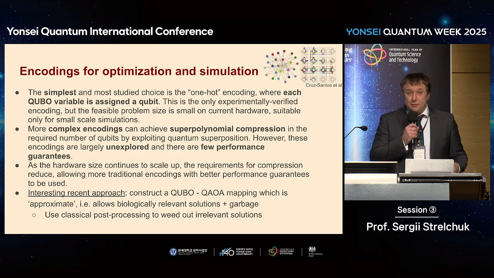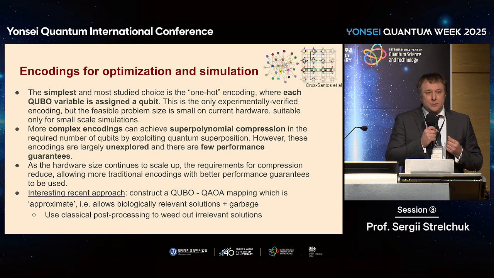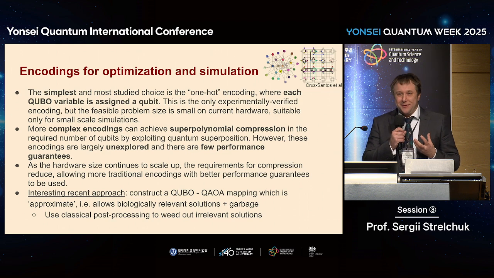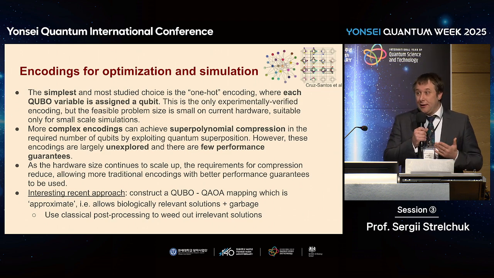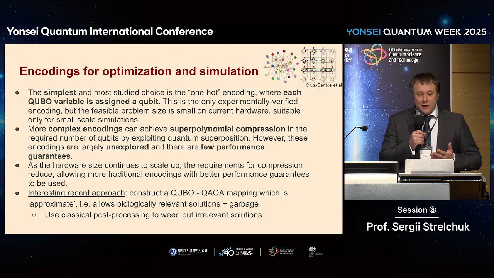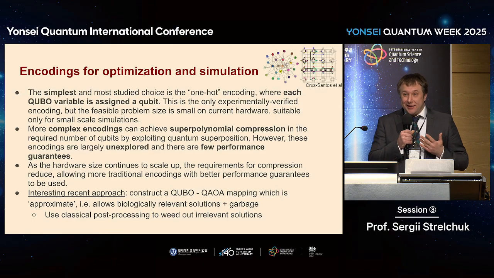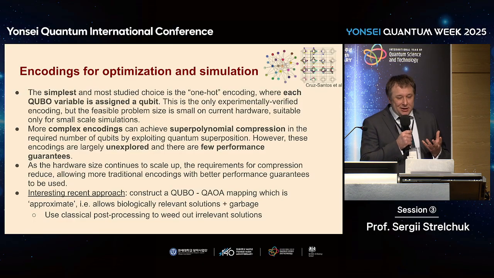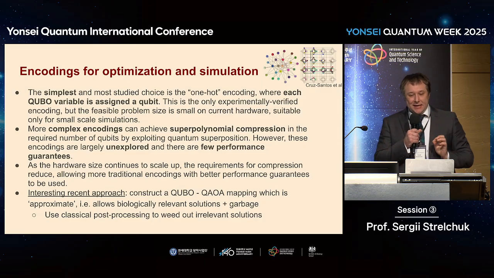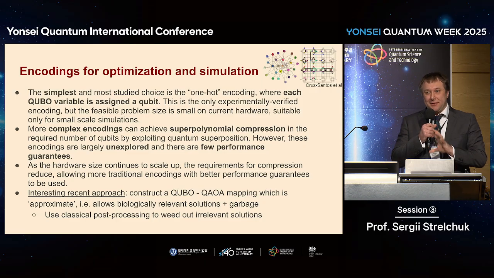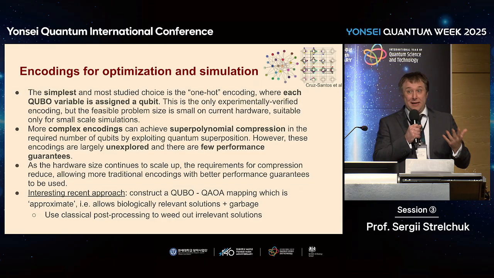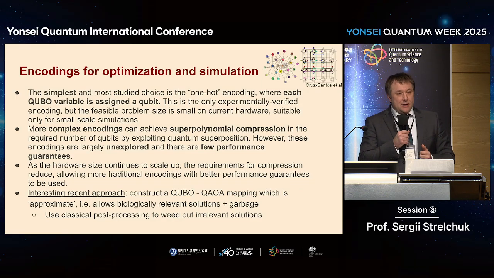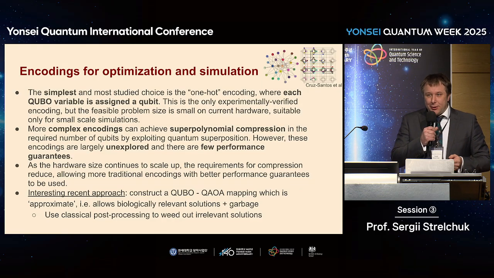One of the things that is vital when we talk about optimization is how we represent the problem in this optimization space. The one strategy I alluded to is called QUBO. It's perhaps the simplest and the most studied choice of encoding, where each QUBO variable is assigned a qubit, and then this is mapped to the execution graph of an annealer of sorts. It turns out that there are many other interesting encodings.